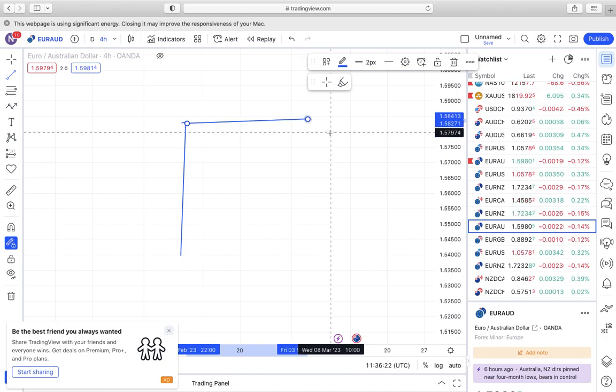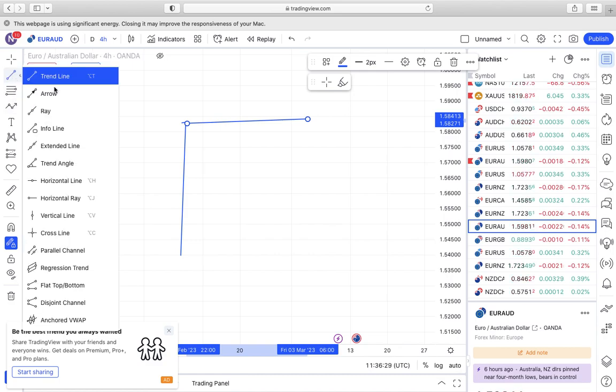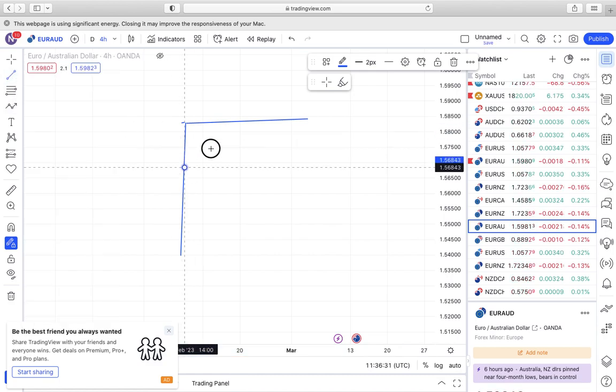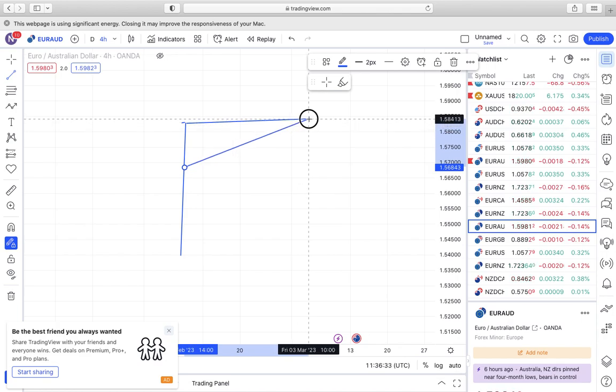From here, this market has been moving this way.